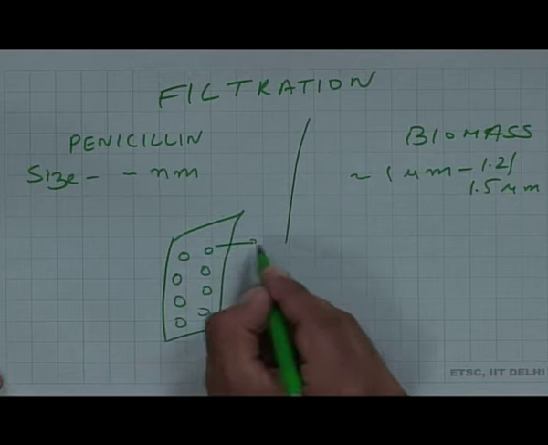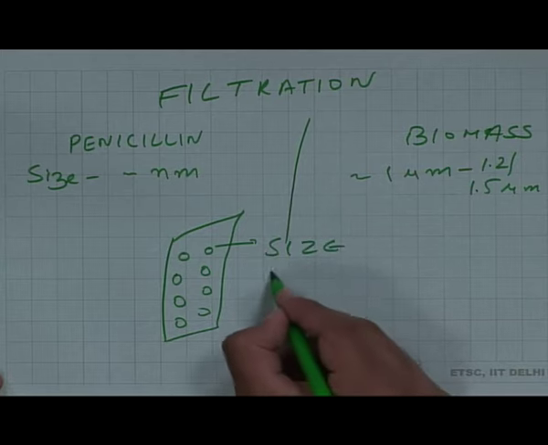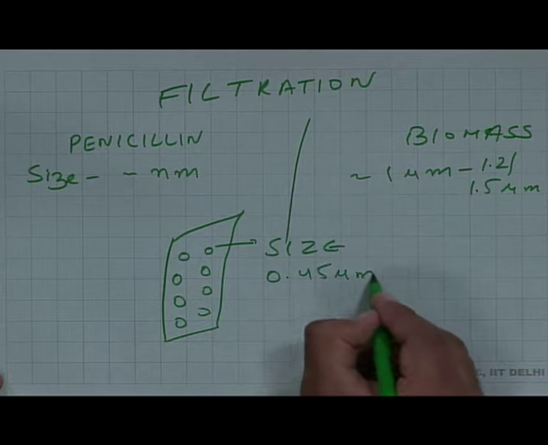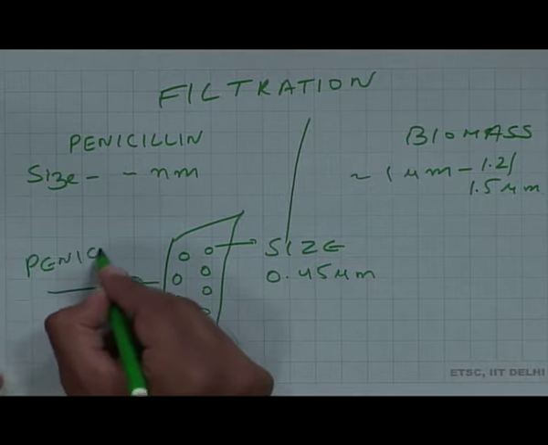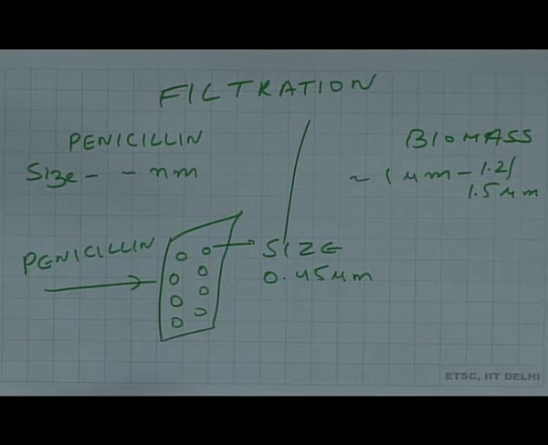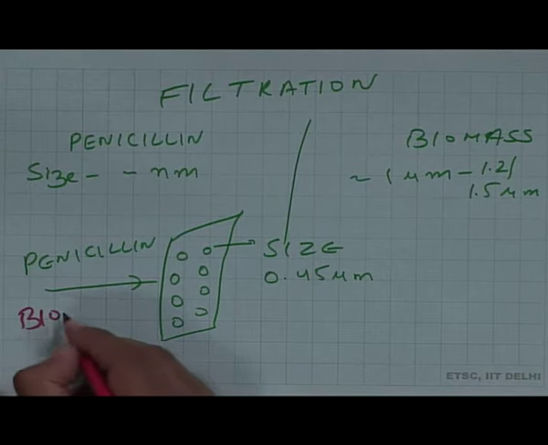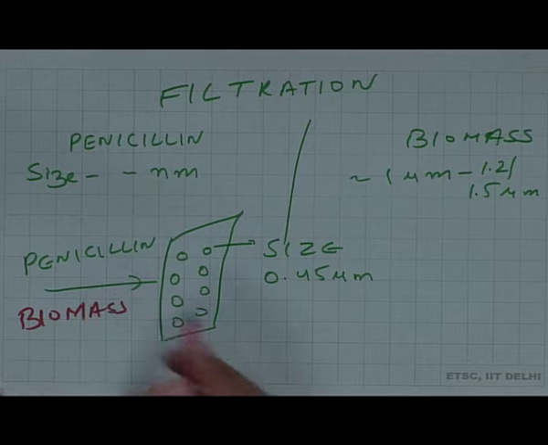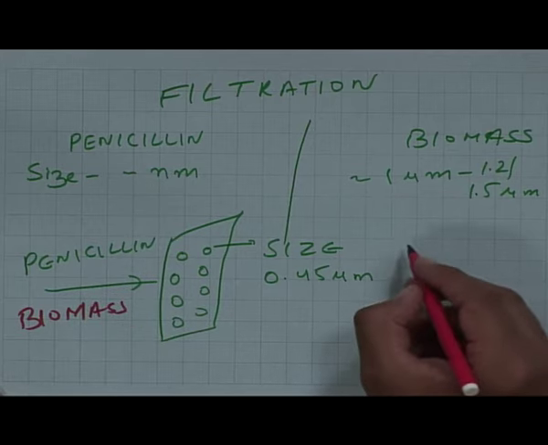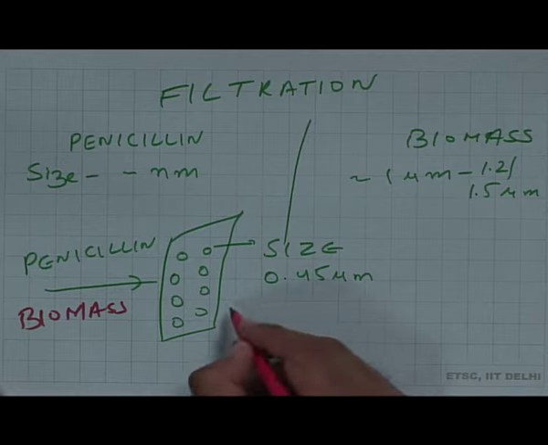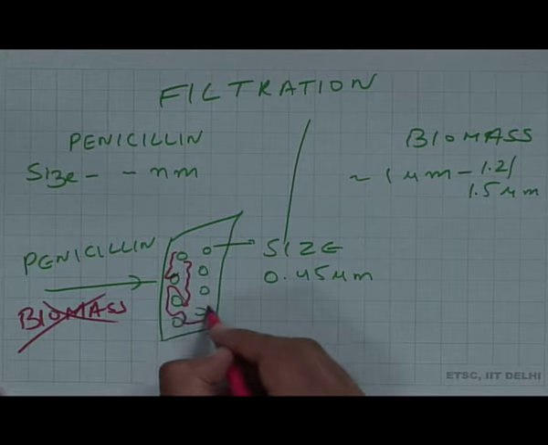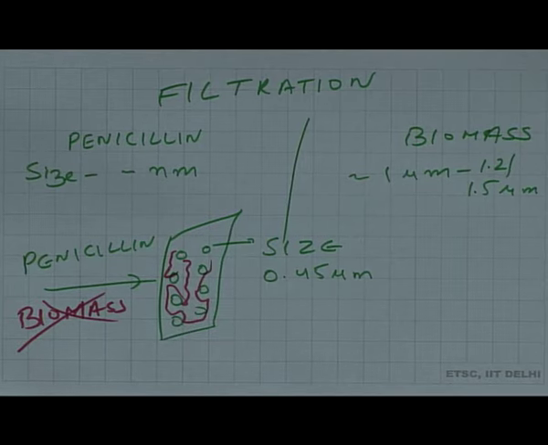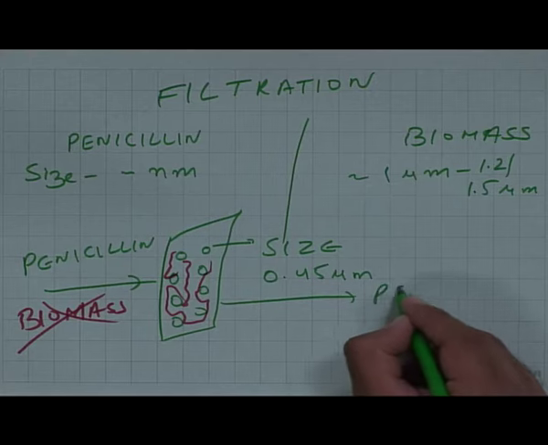And the size of this hole, let us say it is 0.45 micrometer, then if penicillin is going in and your biomass is going in, what will happen is biomass will not be able to pass, it will get stuck here, while your penicillin will come out.